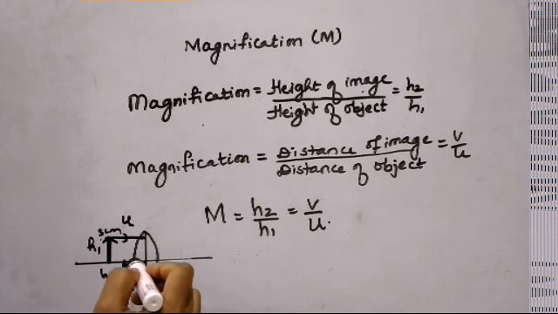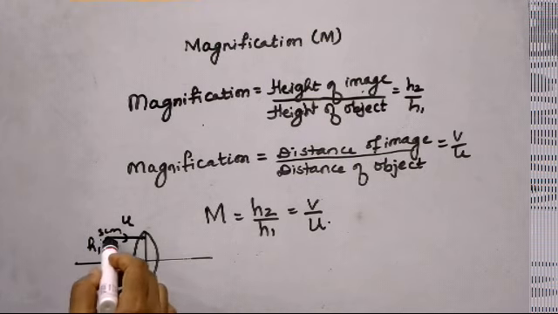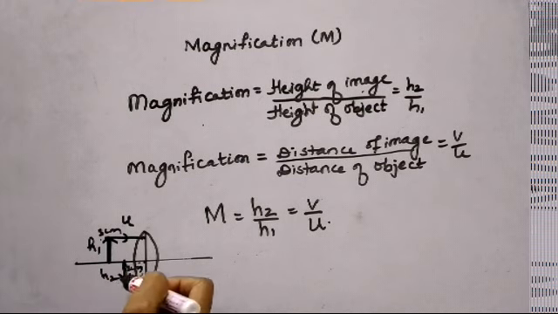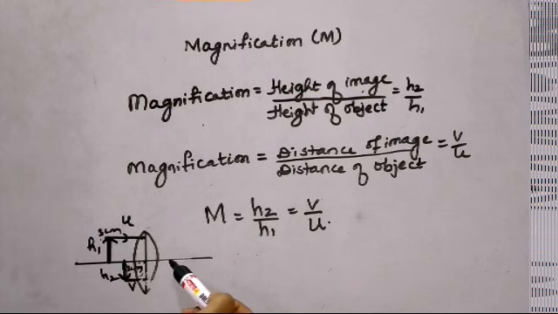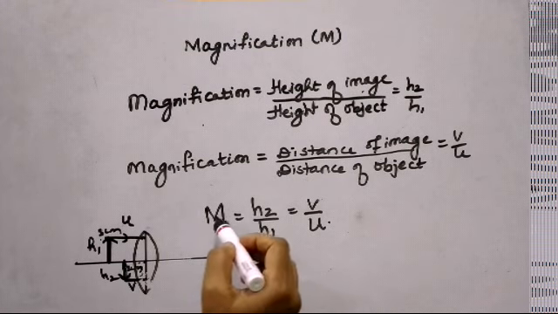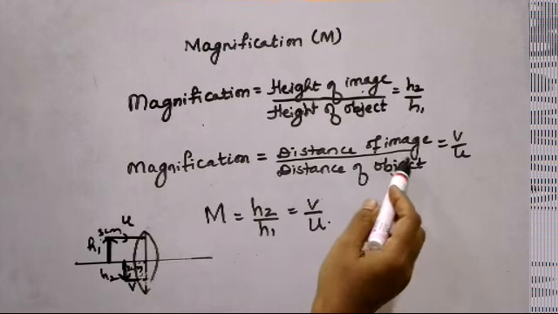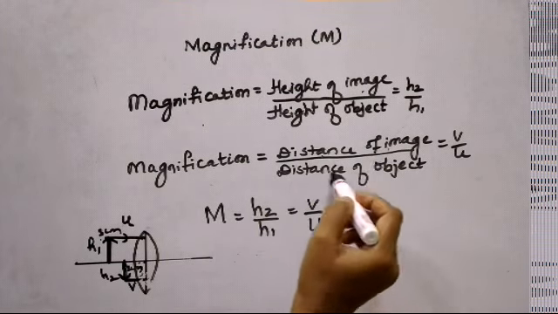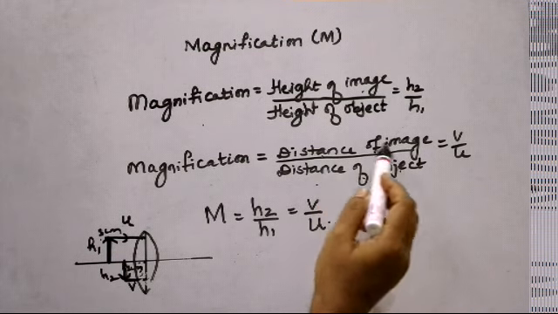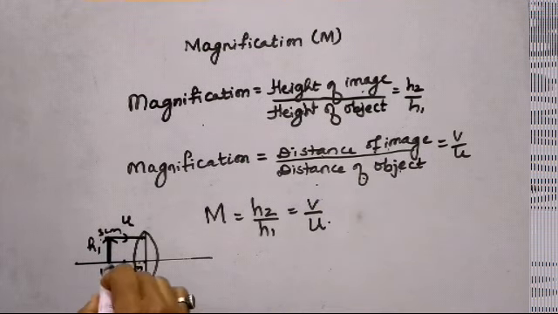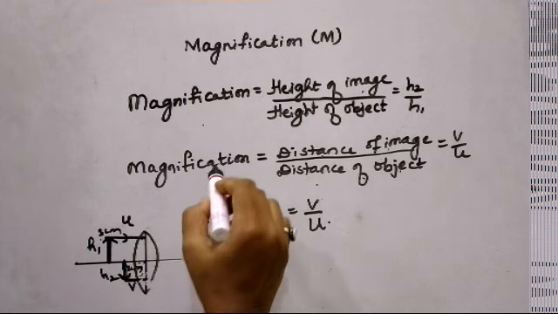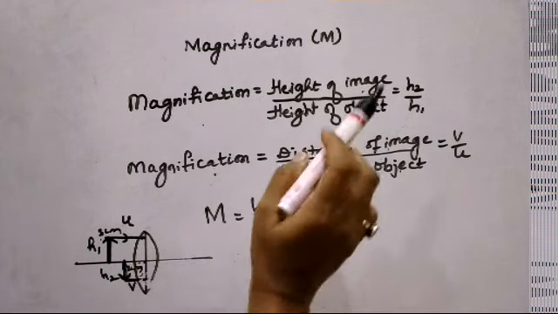So the magnification which is produced by a lens is also related to the object distance and the image distance. If the object distance is u and the image distance is v, then the magnification produced by a lens is equal to the ratio of distance of image upon distance of object. Distance of image v, distance of object u. So magnification m will be equal to v by u.